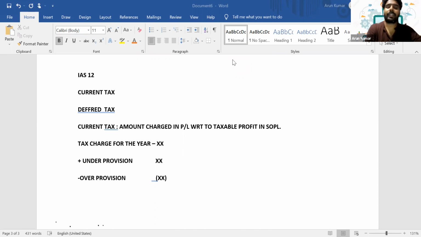Okay. So a difference arises. But this difference is known as a permanent difference. There is a difference in the way we have accounted for the profit and the way the tax authority has accounted for the profit. But this is a permanent difference because it's not going to get netted off anywhere in the future, because they are not going to consider it as an expense even in future.